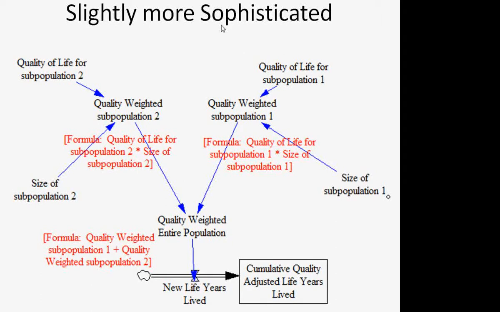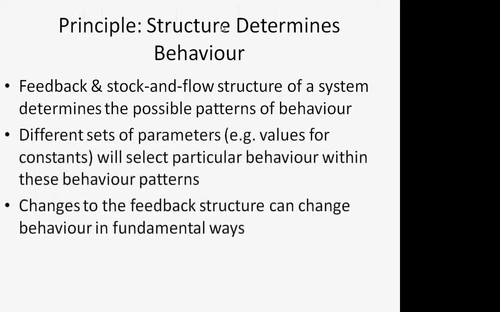So we can actually take into account quality of life in weighing the benefits of an intervention. If an intervention keeps people alive, but not at a good quality of life, that's considered less beneficial than an intervention that keeps them alive at a very high quality of life. So we can have models which take those things into effect.